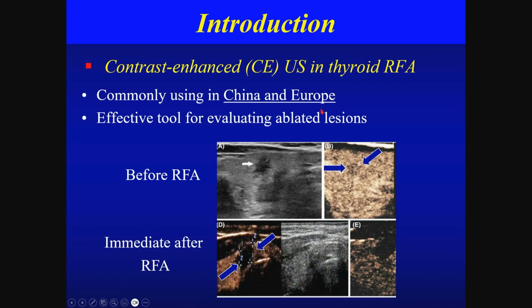In China and Europe, many doctors use contrast-enhanced ultrasound during RF ablation. This image shows a micropapillary carcinoma. It is a hypo-enhancing region at CEUS compared with the normal thyroid gland.